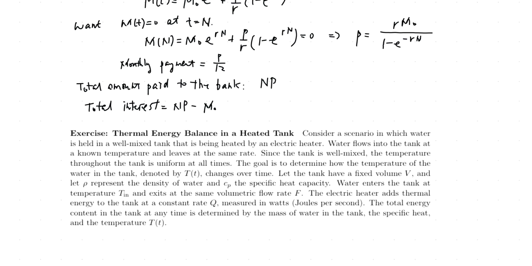The temperature of the water going into the tank is T in, and the same volumetric rate F applies at both inlet and outlet of the tank. But the water leaving the tank may have a different temperature.